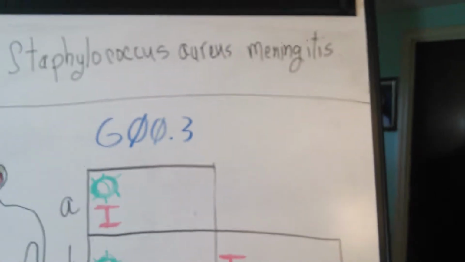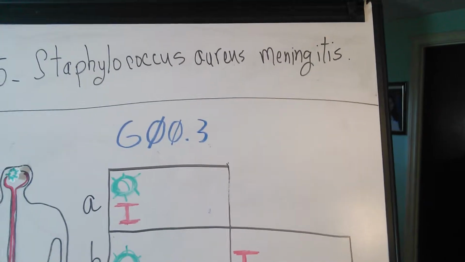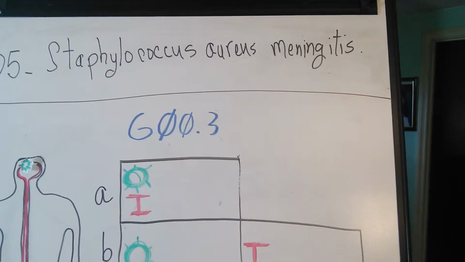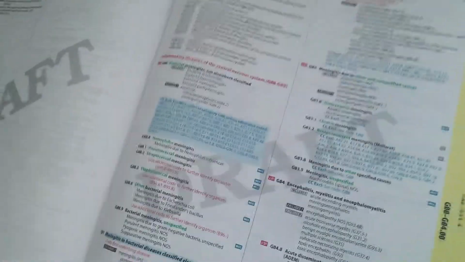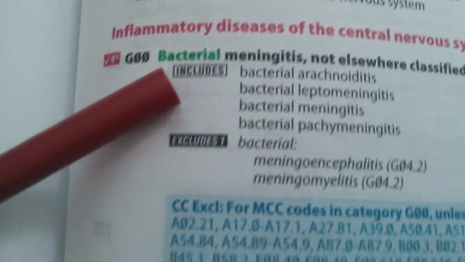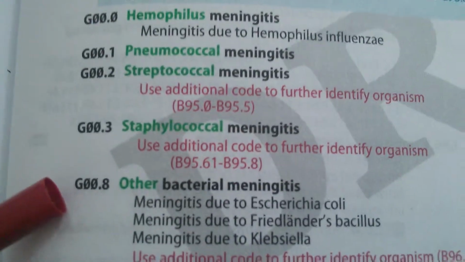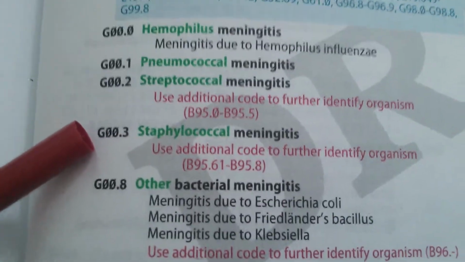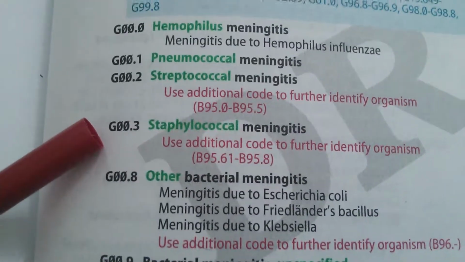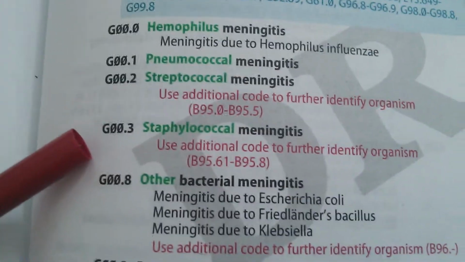Okay. That's what we get from the index. Now we're going to go to the tabular to see what we need exactly. So go to the tabular. And we go to G00, right? And 3, it says, right? There it is. So G00.3 is staphylococcal meningitis, right?